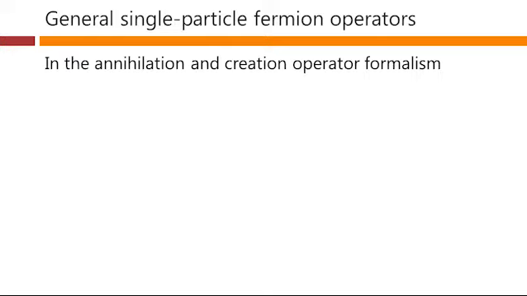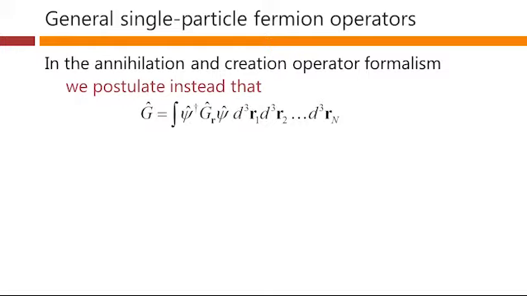Now, in the annihilation and creation operator formalism, we're going to postulate instead that we can write this operator for all N of the particles in this form. The G of r in here is still the sum over all of the individual operators, just as we wrote previously.